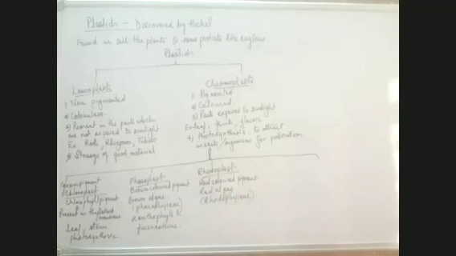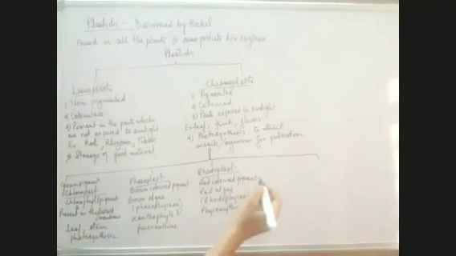The red color of this particular plastid is because of phycoerythrin. This pigment is responsible for the red color of rhodoplast. So here this is red color.